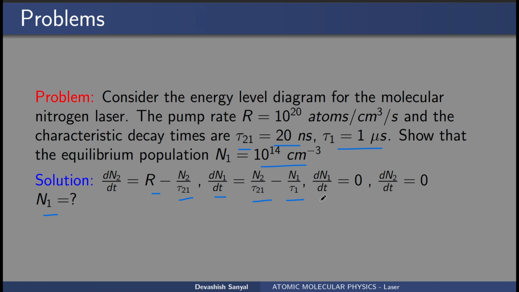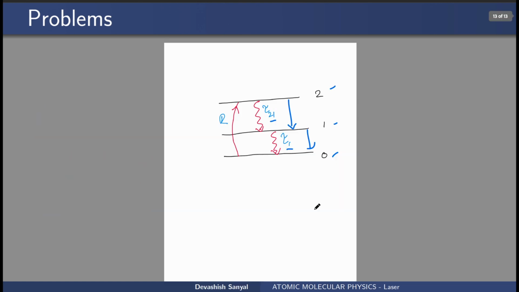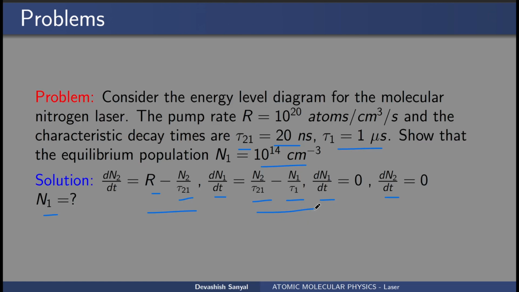Now for equilibrium, dn1 dt is 0 and dn2 dt is equal to 0. So we can calculate n2 from this expression, and once we have calculated n2, we can calculate n1.